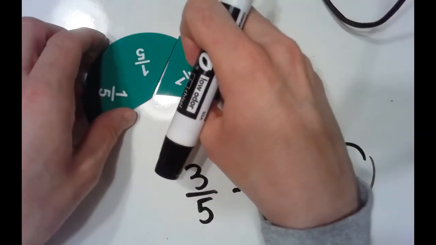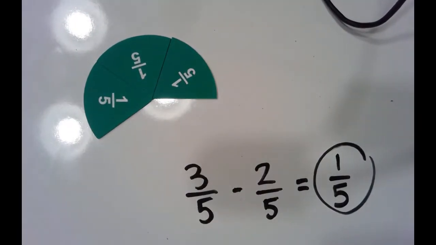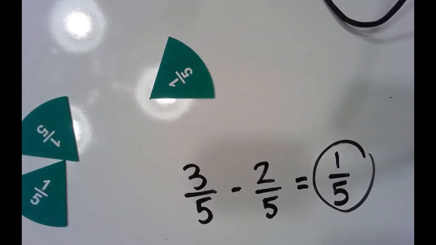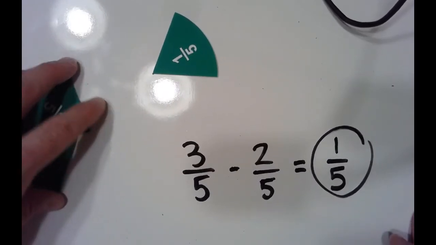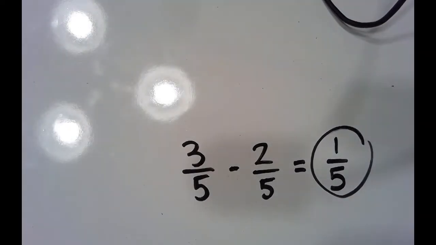It was there at some point, but my husband must have eaten some of it before I ever got to it. So there was only 3/5 when I got there. And then I ate 2/5, and there's 1/5 left. So 3 minus 2 is 1. The denominator stays the same because the total number of parts that make up the whole doesn't change. So 1/5 of the pie is left.